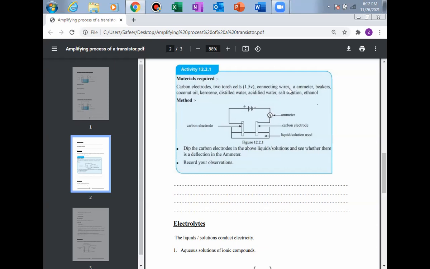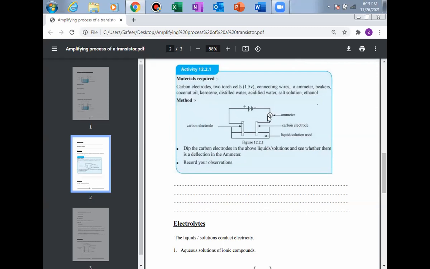Connecting wires, ammeter, beaker, coconut oil, kerosene oil, distilled water, acidified water, salt solution, ethanol, things like that. Then dip the carbon electrode in the above liquids and see whether there is a deflection in the ammeter. Record your observation. So you have to change the solution one by one.